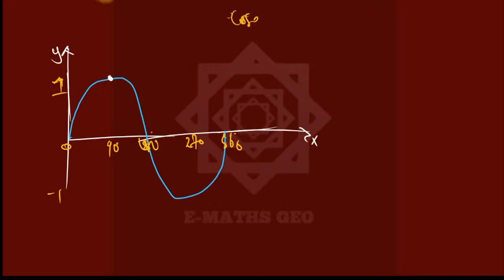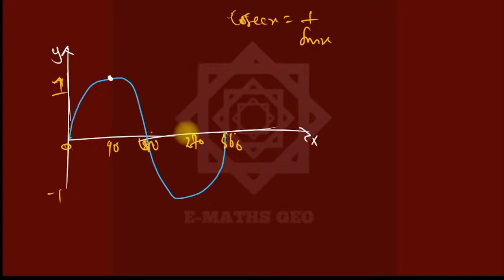Cosec is the reciprocal of sine, and there are some places where sine of the angle is 0. So there will be a vertical asymptote there, because 1 over 0 is undefined. Anything over 0 is undefined, so there will be vertical asymptotes at 0, 180, and 360.